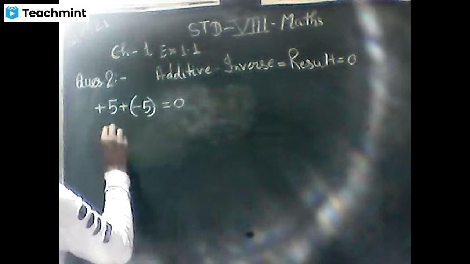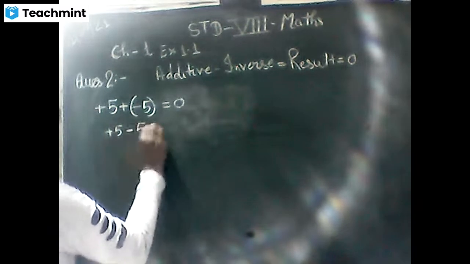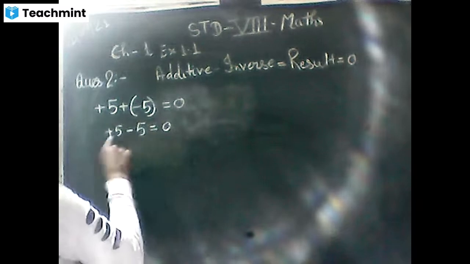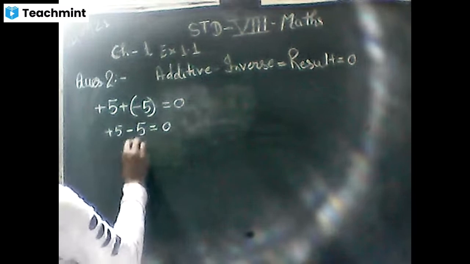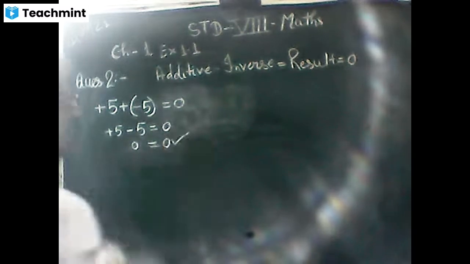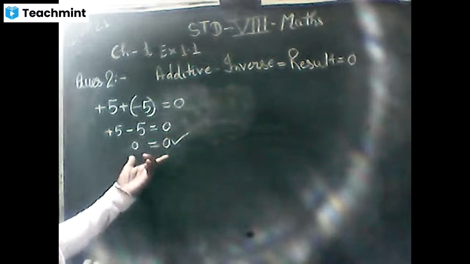We open the bracket: 5 plus (minus 5) is 0, so it equals 0 and the problem is verified.